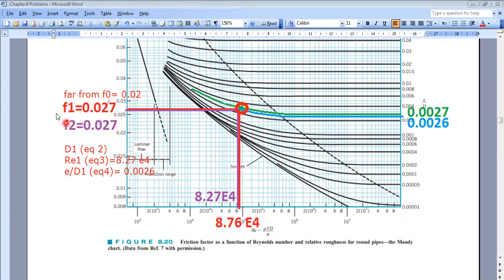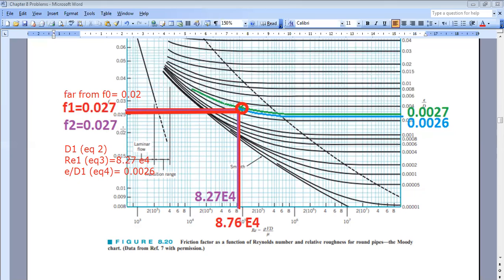So f1 is equal to f2, and I can stop. Even if I have a small difference, for example 0.027 here and 0.026 there, it's fine. I can stop.